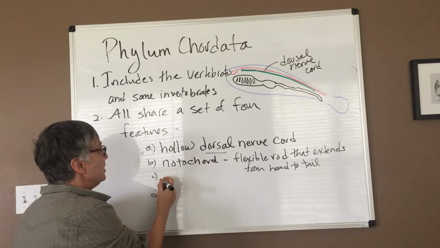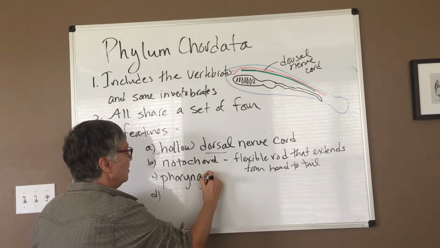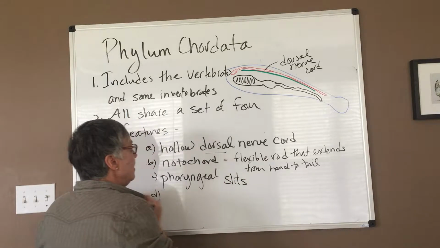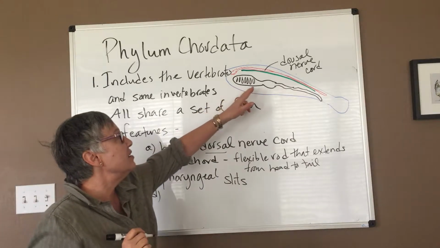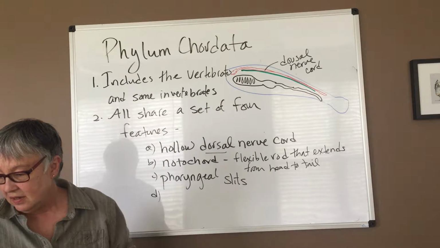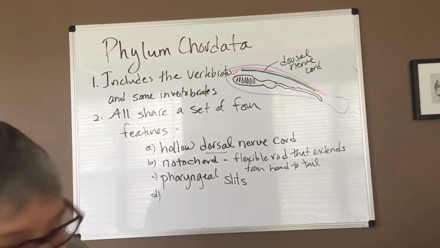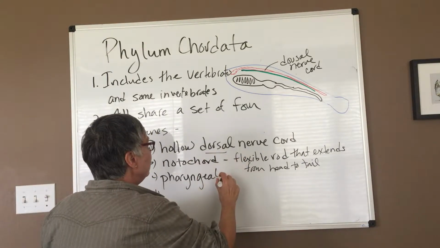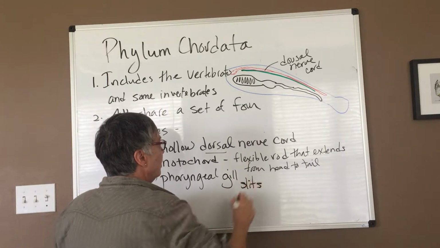A third characteristic is that when we look at the pharynx, we see a number of openings along the wall of the pharynx. In more primitive organisms, these are gills.